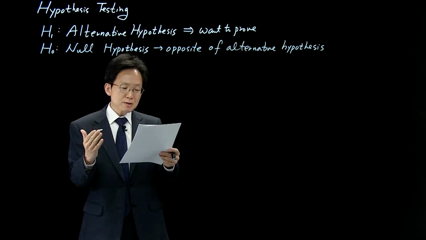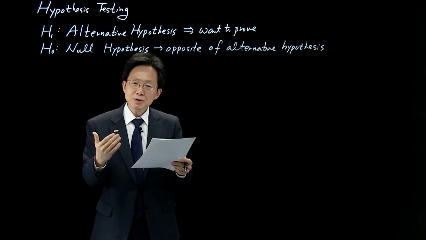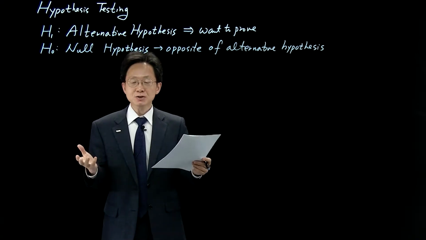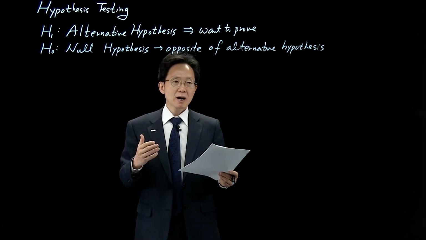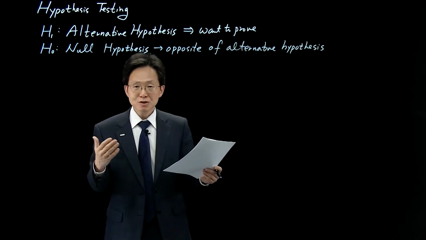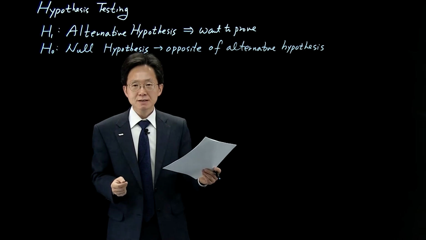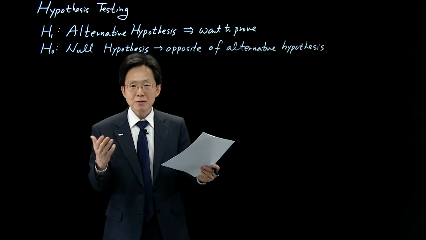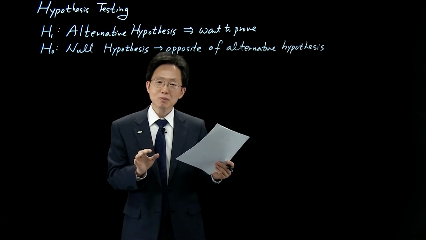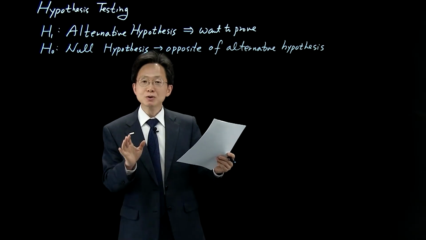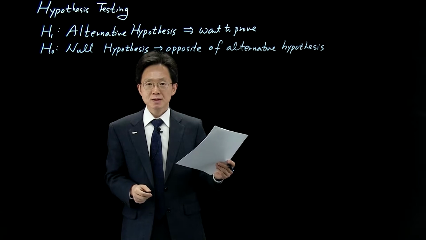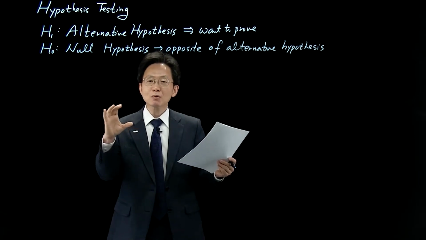Is it true that the next period demand is larger than 10,000 units? I needed to make a presentation to my boss, and I will tell her that the demand for our product will be larger than 10,000 units next period. Then that's something I want to prove.